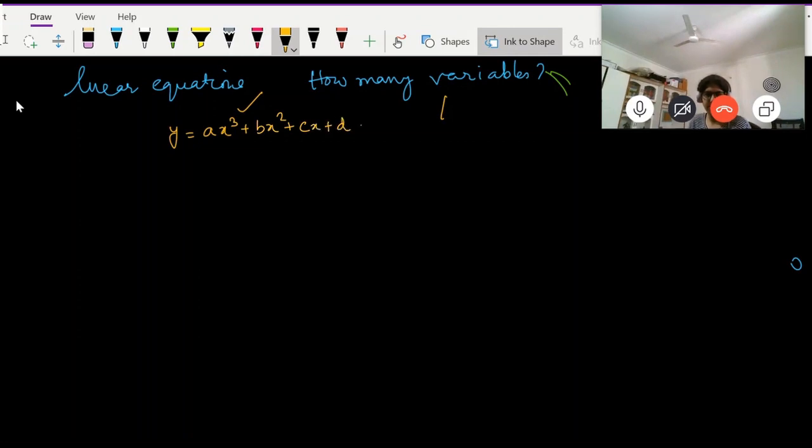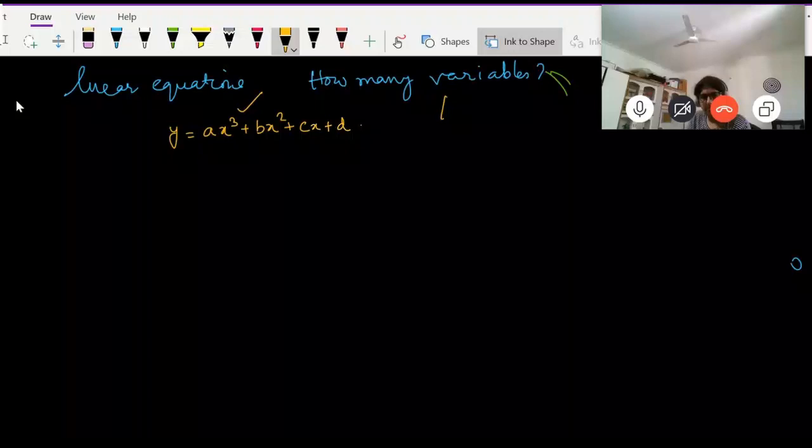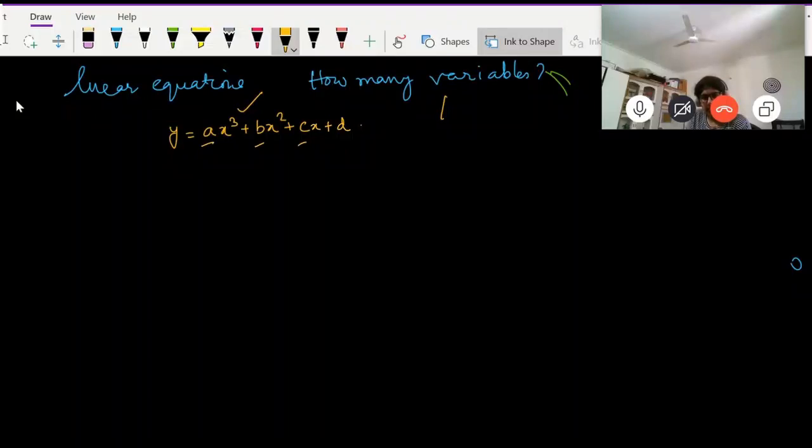It will depend on the values of a, b, c, and d. To show you that, it will require calculus, but that's not part of your syllabus, so that derivation is not required.